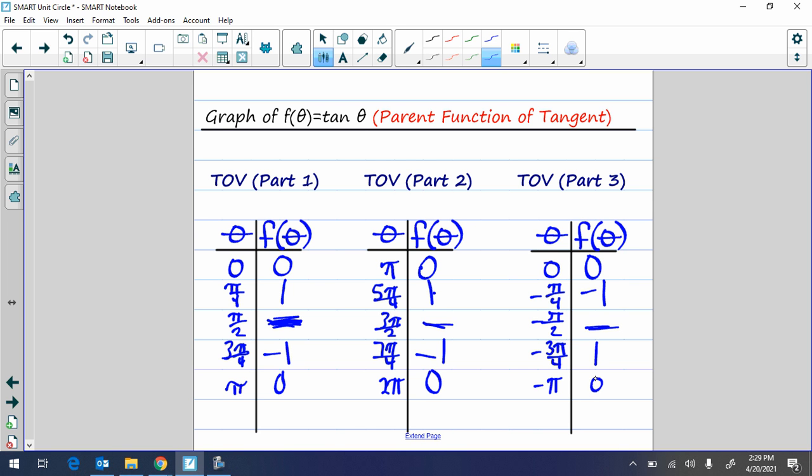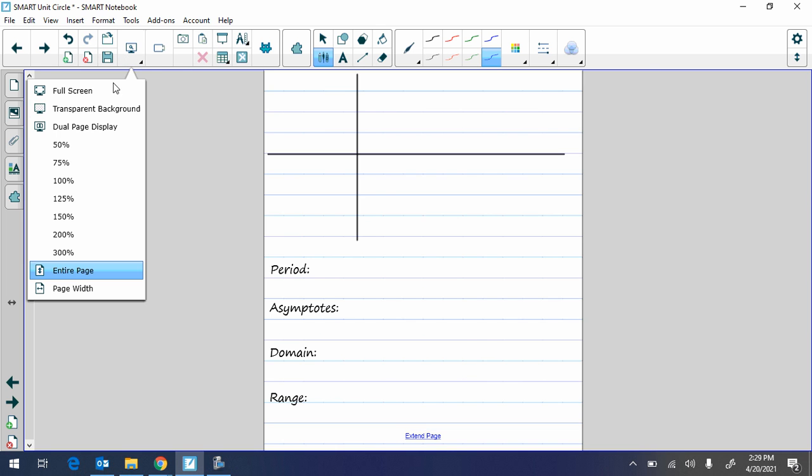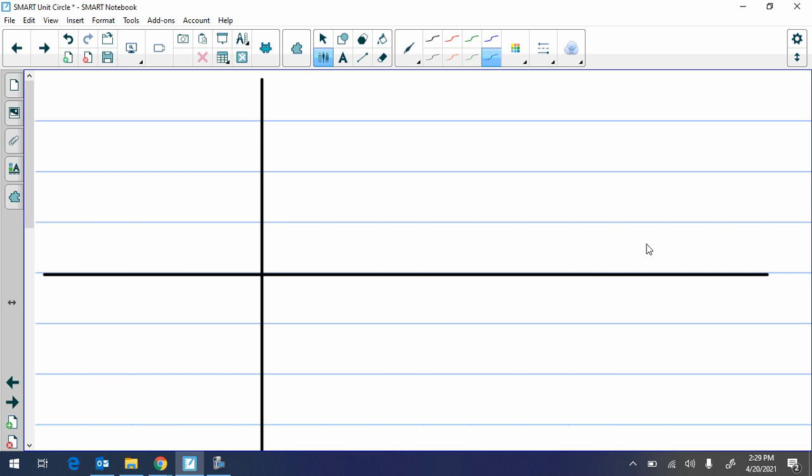All right, so now we are going to plot these. So we're going to draw in our coordinate grid. And again, I'm going to space them. This time I do need values bigger than 1. Let's watch what's going to happen. It's pretty cool. Again, I'm only going to 2 pi and backwards to -pi.